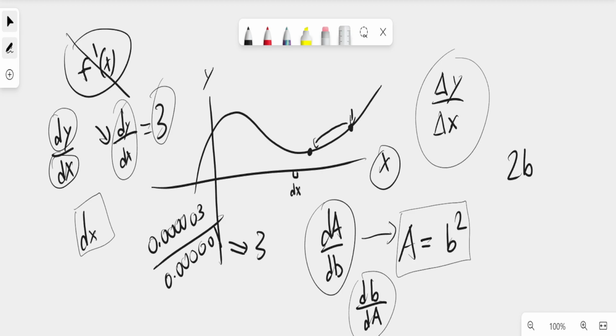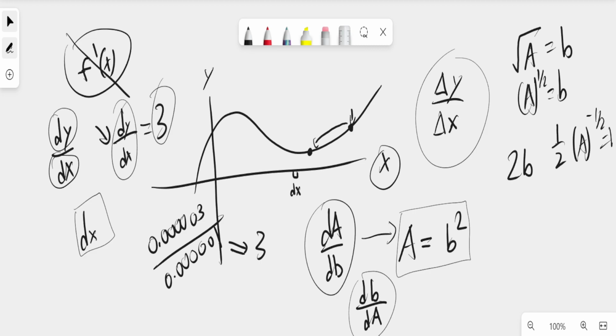Is it 1/2 a to the power of negative 1/2? Let me check. Yeah, it's 1/2 a to the power negative 1/2.